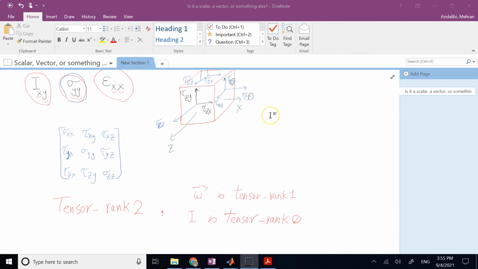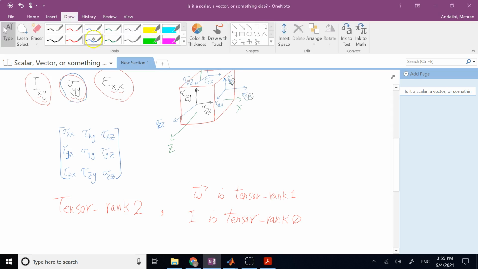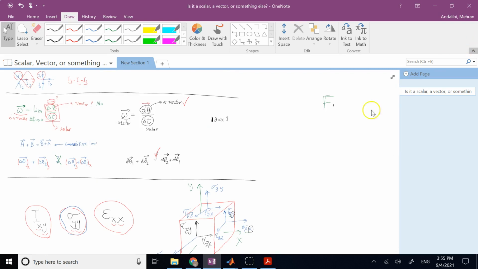And now, as the last bonus thing, somebody might say, well, is there any tensor of rank 3, 4, or something like that? Let's just focus on tensor rank 3. Have you seen anything that is a tensor of rank 3? Then you would probably look for something that has 3 indices, right? 3 subscripts, because for a vector you would say F_x or F_y or something, correct?